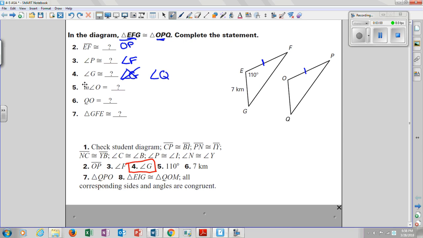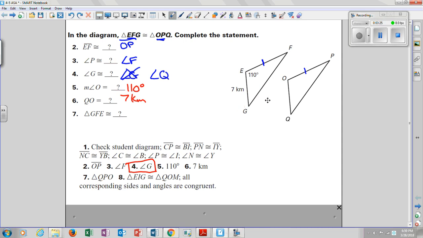Measure of angle Q, or angle O, is this angle here, which relates to angle E. Now, anytime you see an equal sign, it means that it wants the actual measurement. That's 110 degrees. Same thing here. QO equals, well, it's congruent to EG, which means it equals 7 kilometers.